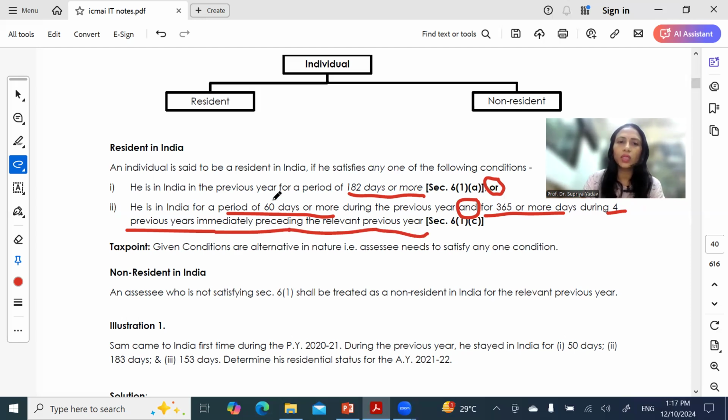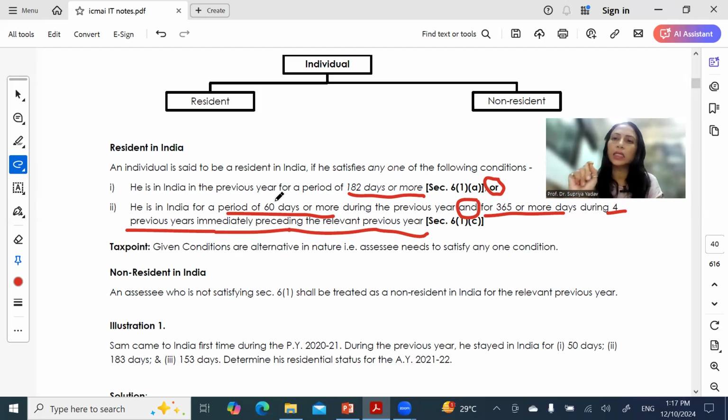So in the previous year he stays in India for 60 days, and in the 4 years immediately before, he has to stay a total of 365 days in India. That time he becomes a resident of India.